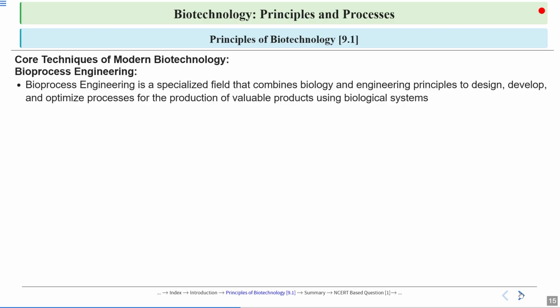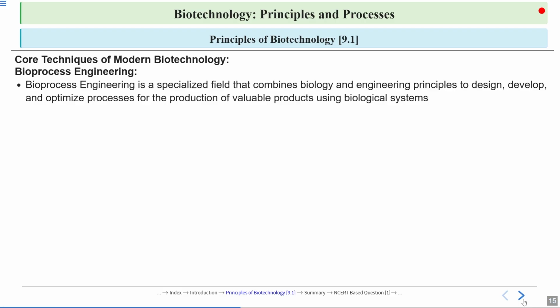That's where bioprocess engineering came into the picture. It helps us in making a microbial contamination free, sterile environment. It uses chemical engineering principles and other principles to design, develop, and optimize the process.